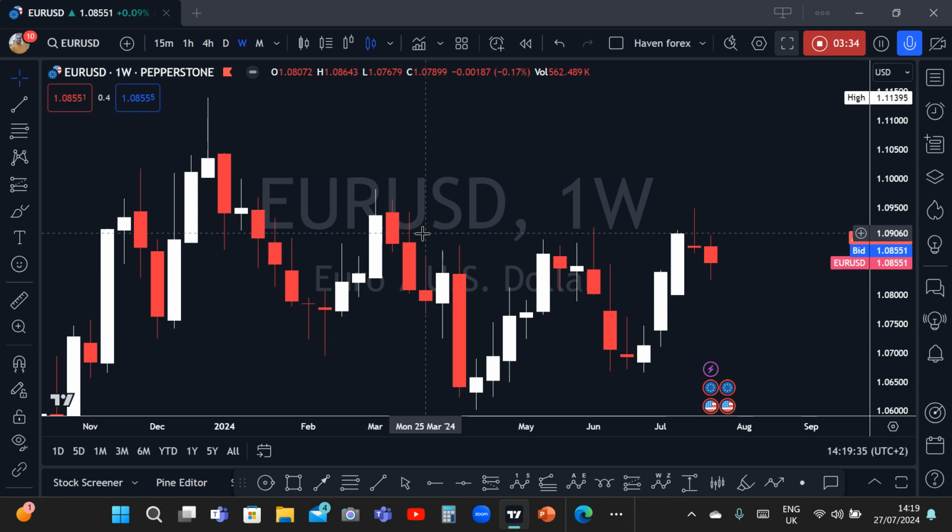And the other one, in the opposite direction, a lower low, lower close candle. I'll repeat it again: lower low, lower close candle is very, very important.